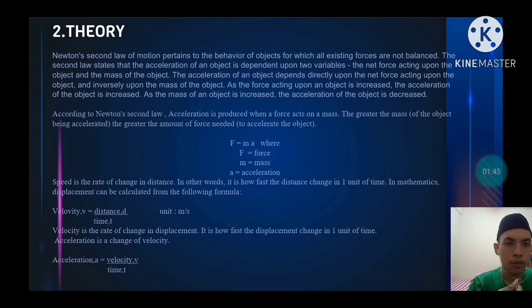The acceleration of an object depends directly upon the net force upon the object and inversely upon the mass of the object.